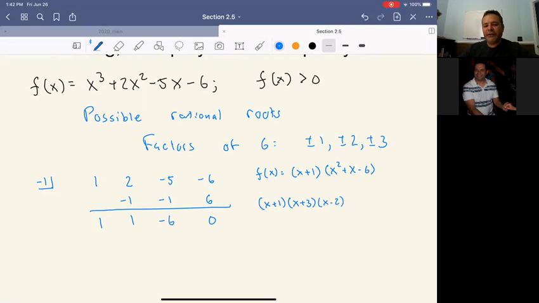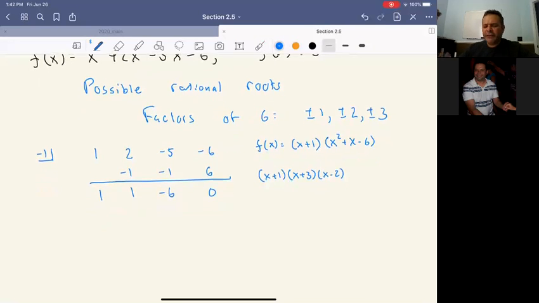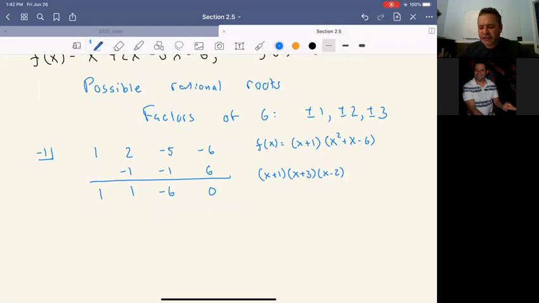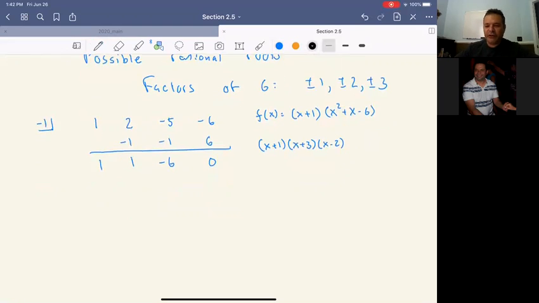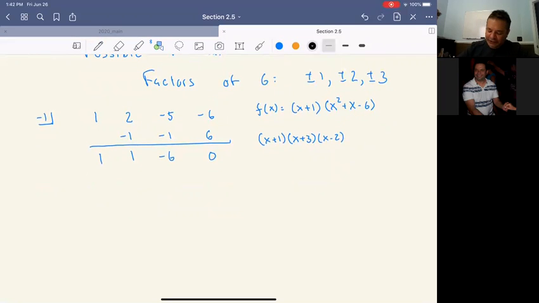times x minus 2. Okay, this one I'm not going to use the sign chart, although you can if you want to. It might be a good check to see if you understand the sign chart. But this one I can do pretty easily without it. So -3, -1, and 2.